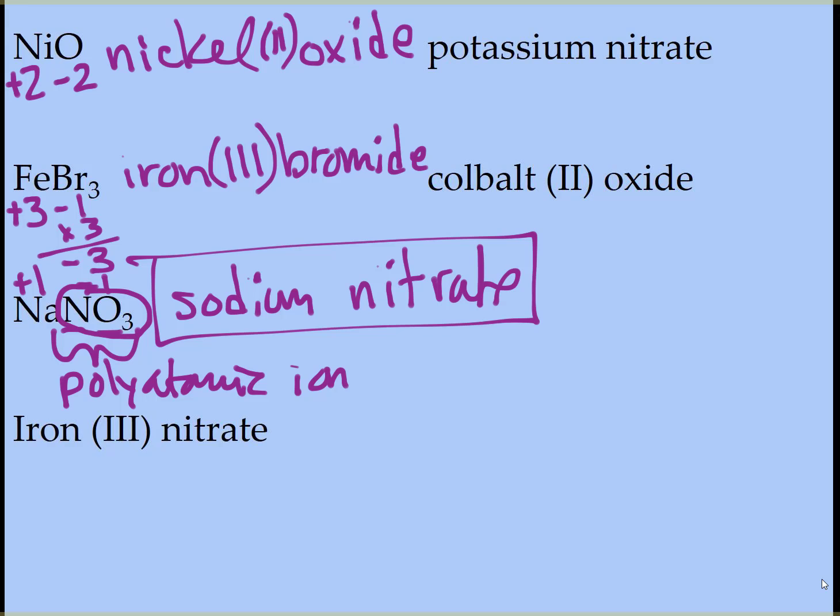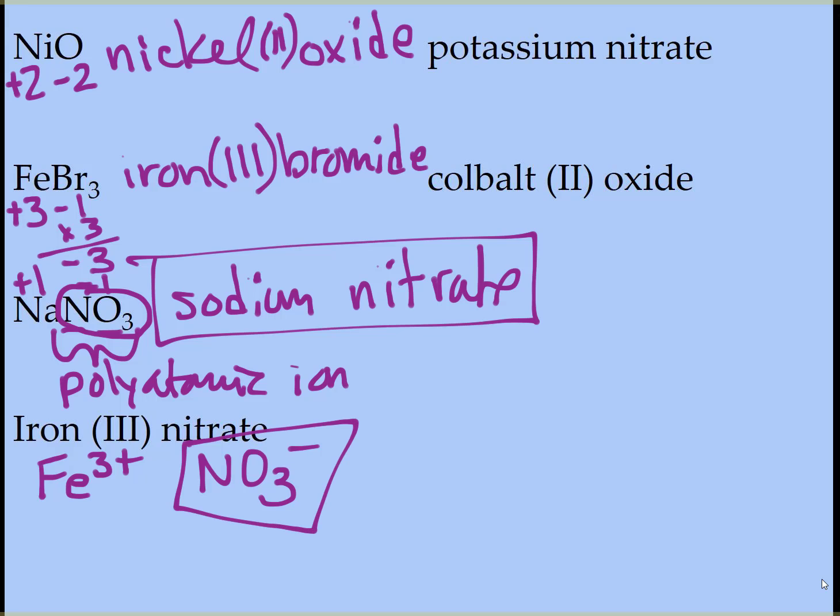Let's do this next one. So iron 3. Oh, we're going opposite. So iron with a +3, nitrate, NO3 minus. When I put this together, I want to put it together in a combination where they will cancel. If I just stick it together like this, a +3 and a -1, I'm going to end up with a charge of +2.